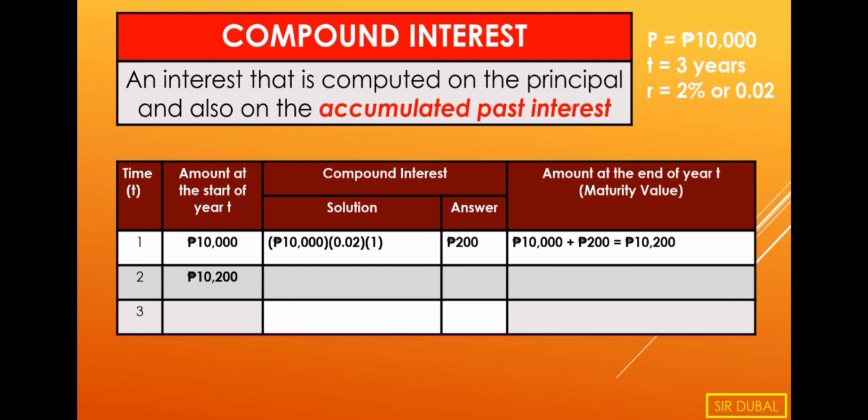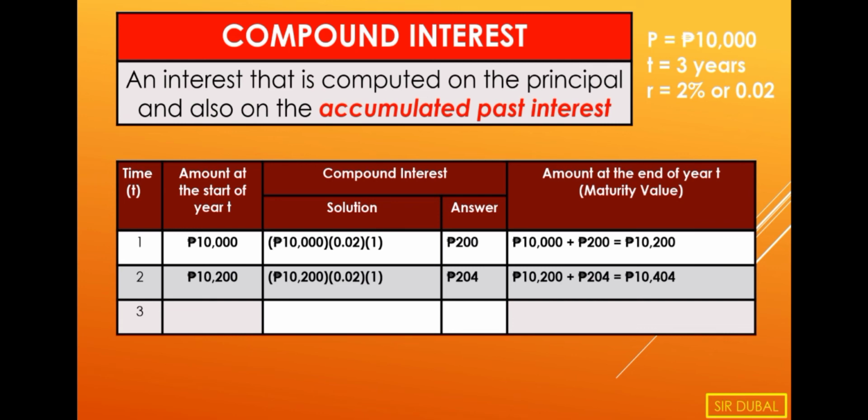Then solving for the compound interest, the amount at the start of the year, which is 10,200, multiplied by the rate, which is 0.02, then multiplied by 1 for that specific year. So the result is equal to 204 pesos. Solving for the maturity value, we have 10,200 plus the interest, which is 204 pesos. So the result is equal to 10,404 pesos.